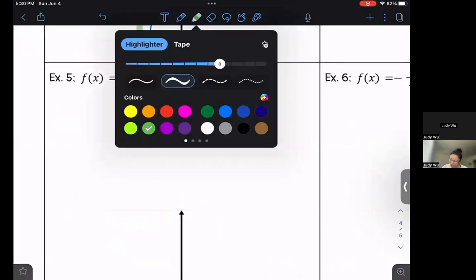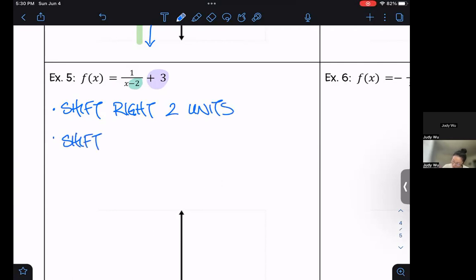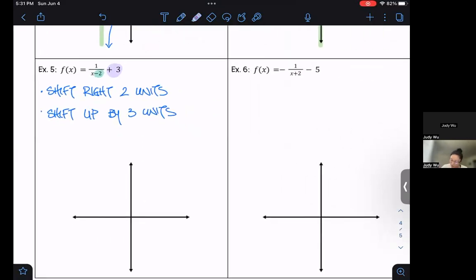All right, so for example 5, we do not have an a value, or we have an a value, that's 1, but we do have a -2 for the c and a +3 for the d. So all that does is shift the graph right 2 units and shift the graph up by 3 units. All right, so we're shifting the graph right and up.